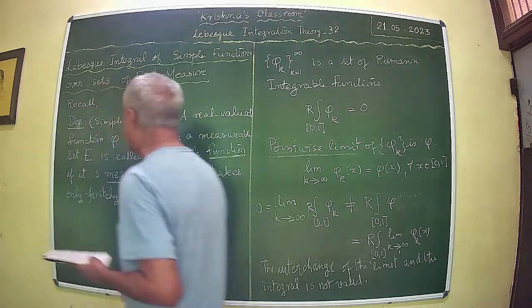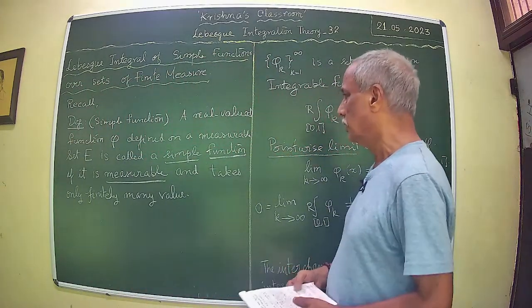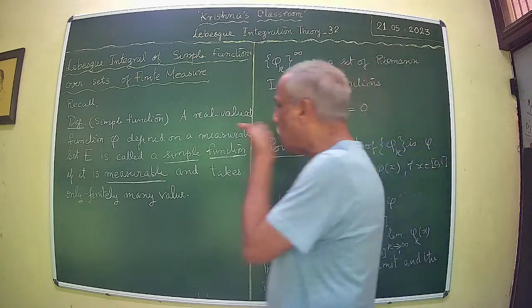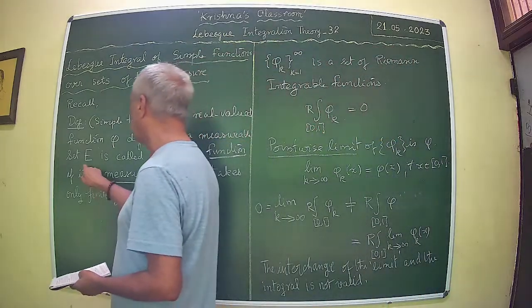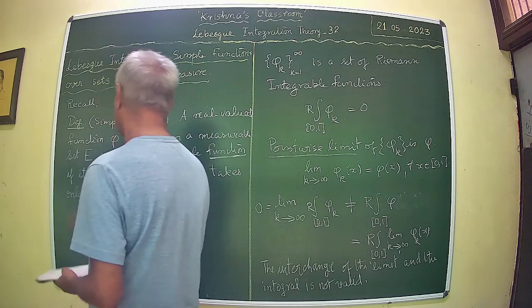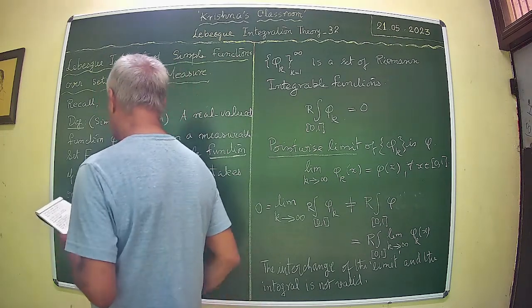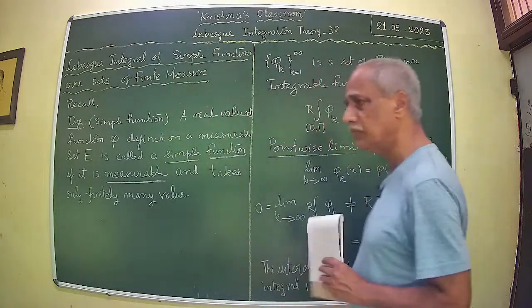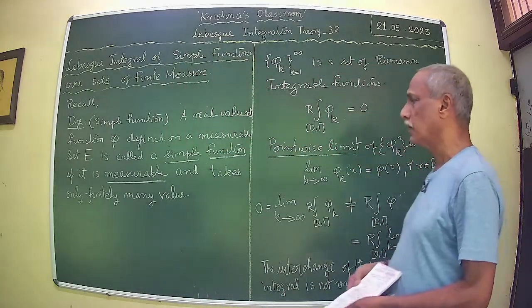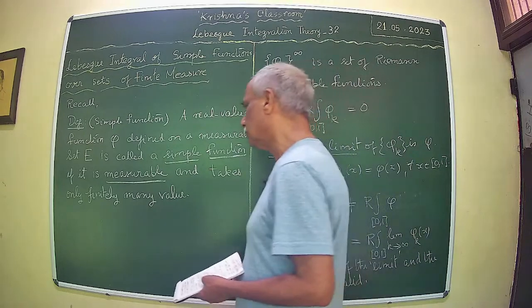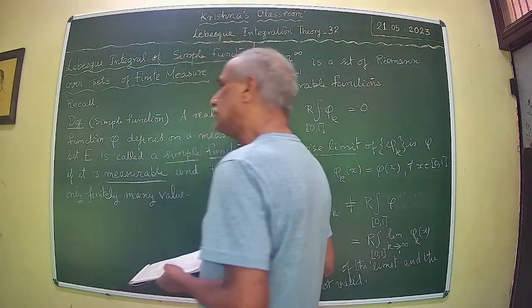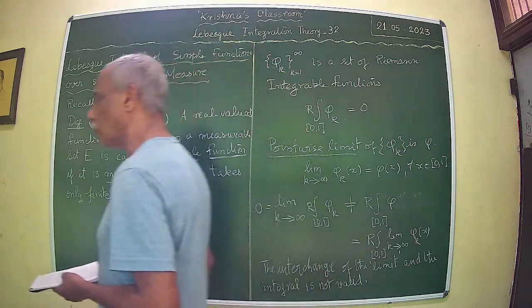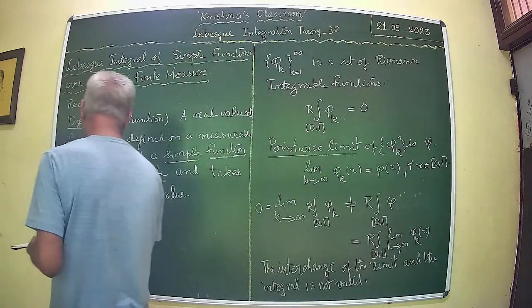So what you need is a few things, namely that it is to be defined on a measurable set. Secondly, the function itself is a measurable function. And thirdly, the range should consist of only finitely many values.